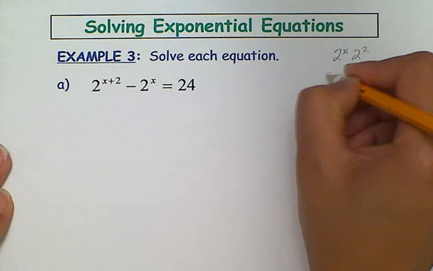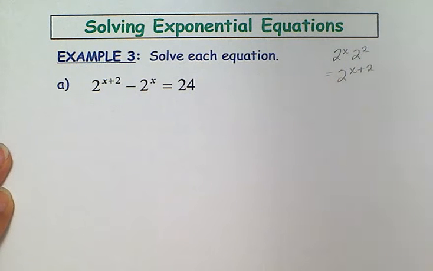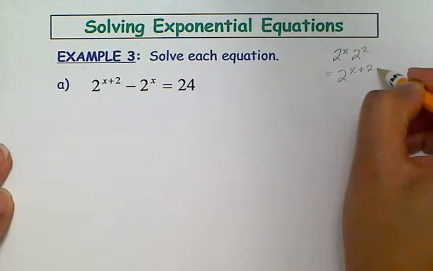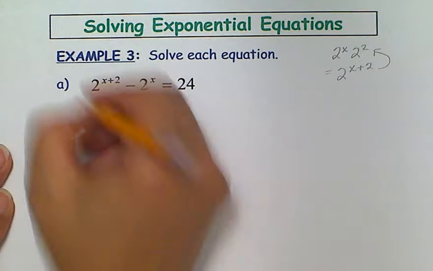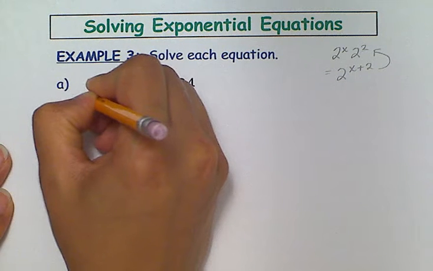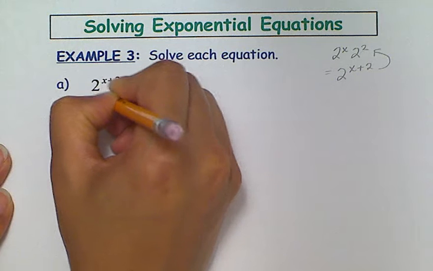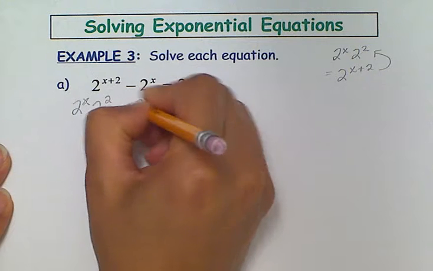So that's the same as 2 to the exponent x plus 2. Because these two are equivalent, I can go backwards and rewrite 2 to the exponent x plus 2 as 2 to the exponent x multiplied by 2 to the exponent 2. Okay, so there's another way of writing the same thing. And then I have minus 2 to the exponent x equals 24.